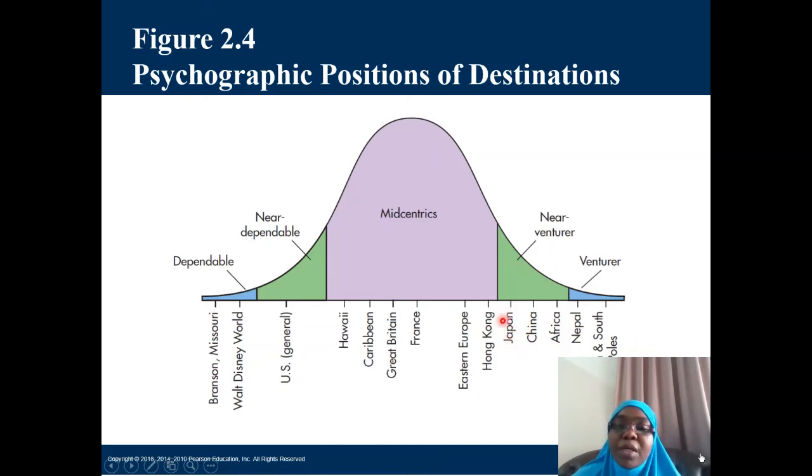Then in between are the mid-centrics. They do not tend too much toward either of the ends. They are not much of a venturer more than a dependable, and not much of a dependable more than a venturer. So they are just at the middle course.